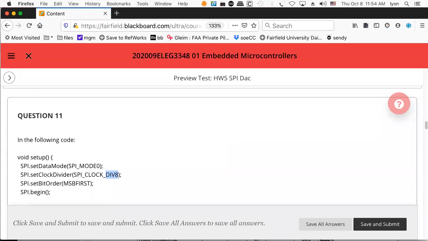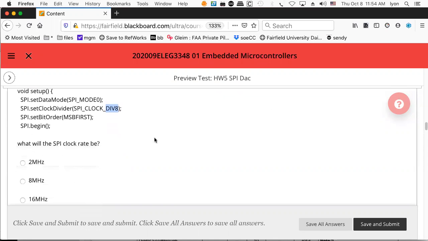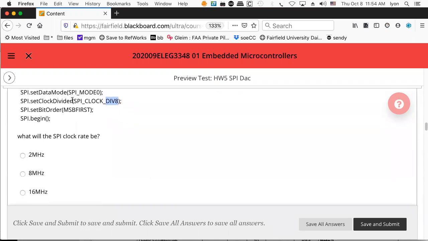So that gives us the clock for the SPI interface. You've got to figure that we're always going to divide the system clock by 2, 4, 6, 8, 16, right? That's going to choose what the SPI clock will be.